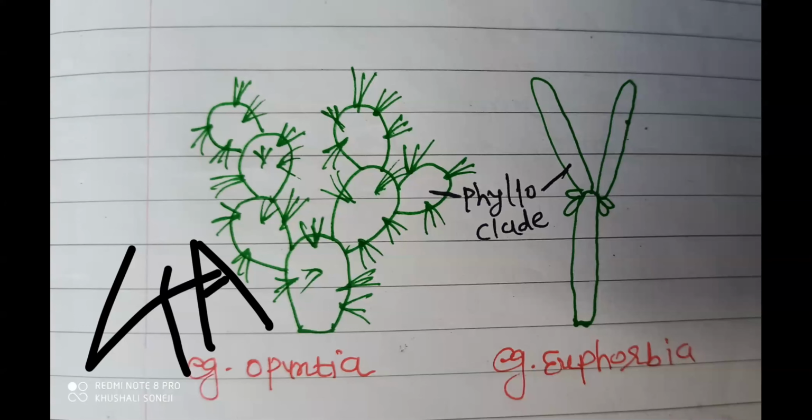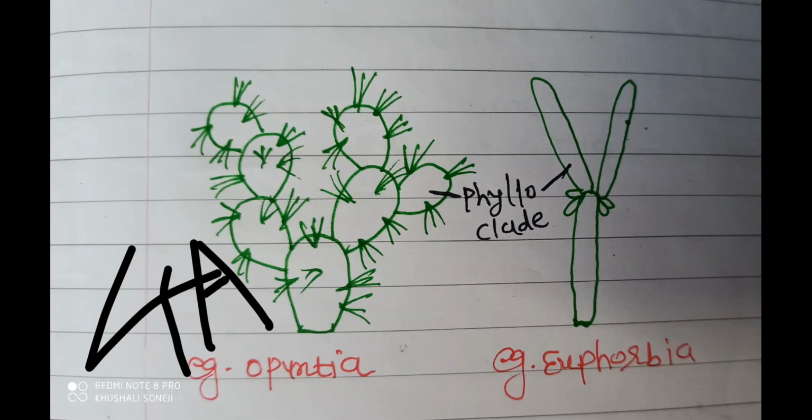Yes, ma'am. Here, the modification is that the nodes develop into these spines, because desert plants cannot survive in the dryness, so this helps to prevent transpiration.